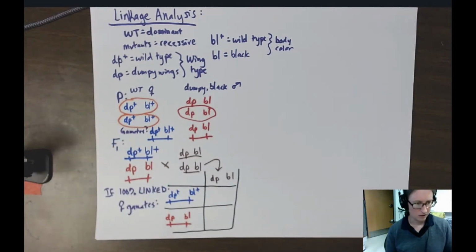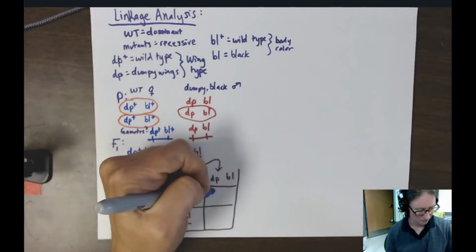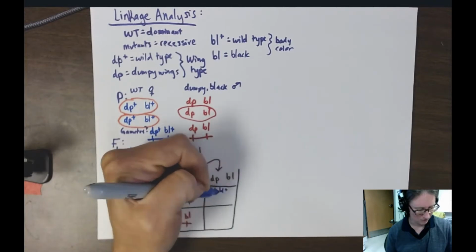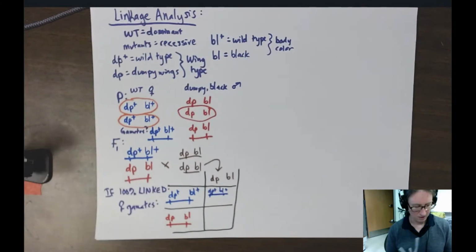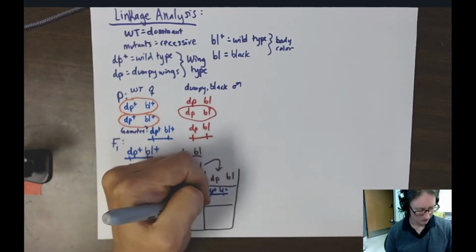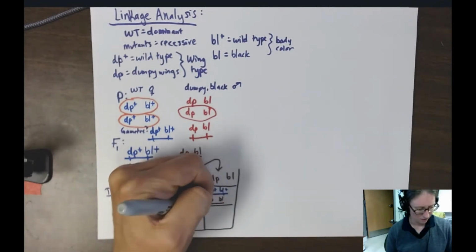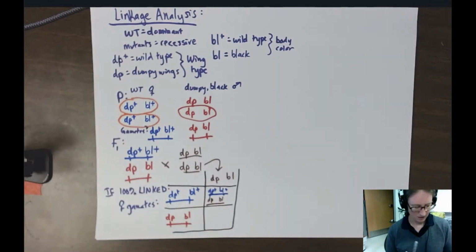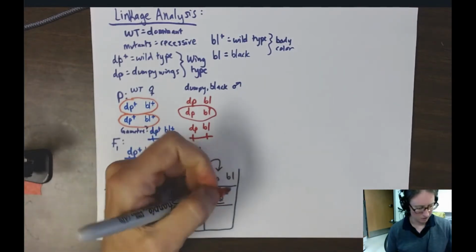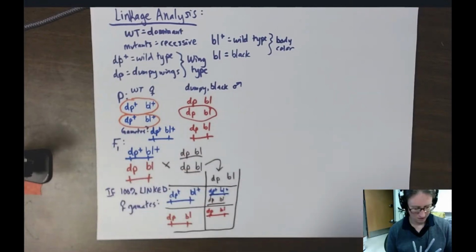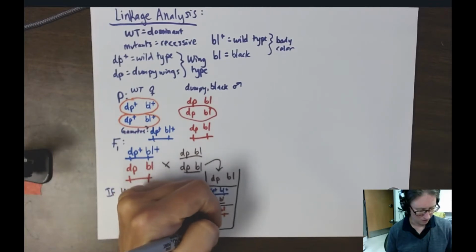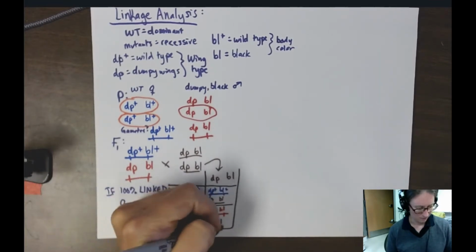So these offspring are going to wind up having DP+ BL+ from one chromosome from the mother, and then DP+ BL+ from the father. And in the second box here, we're going to wind up with DP BL from the mother and DP BL from the father.